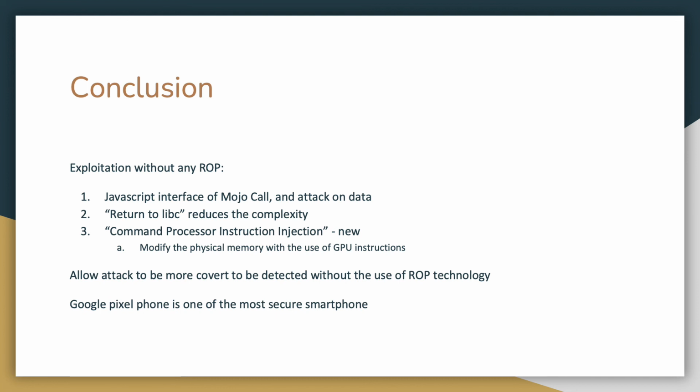And in conclusion, the author says that the Google Pixel phone is one of the most secure smartphones, and he's been trying to find ways to break it and has been very successful, even though it has the latest technology and the latest mitigations against these types of exploitations.